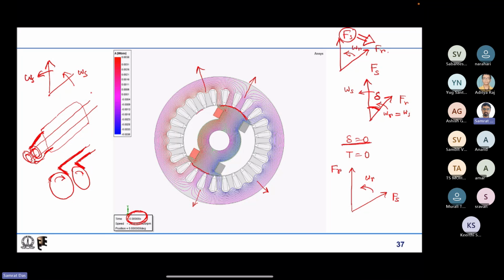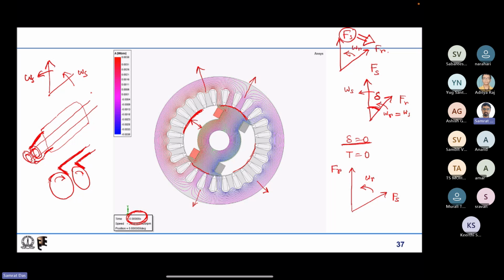But in the non-polar region, 90 degrees away from the poles, the interpolar region, there is a larger air gap.